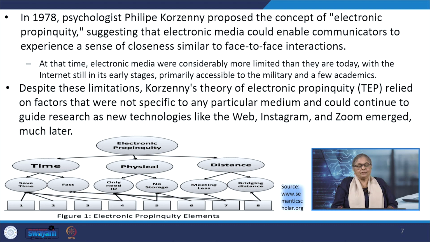Despite these limitations, we find that Korzenny's theory of electronic propinquity relied on factors that were not specific to any particular medium and could continue to guide research as new technologies like the web, Instagram, and Zoom, etc., emerged decades later. The diagram below suggests what the electronic propinquity elements are.